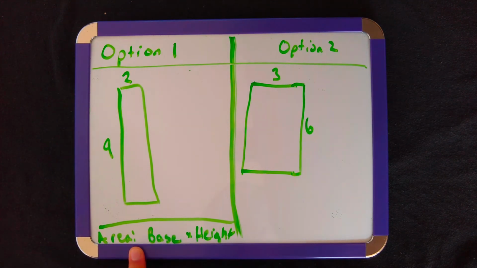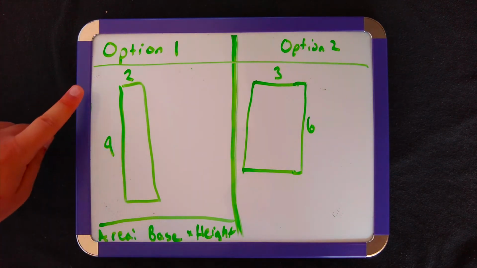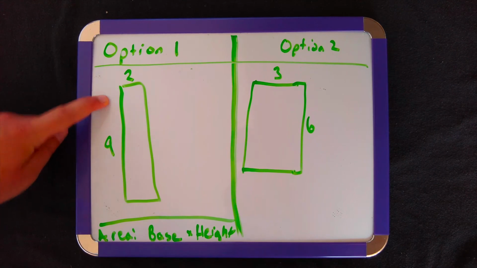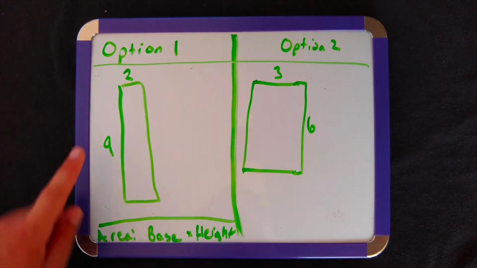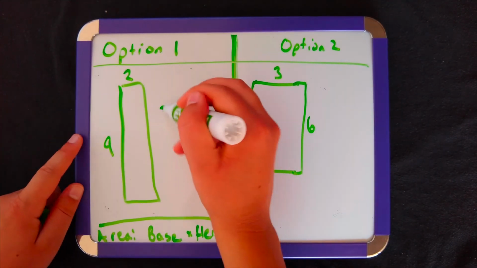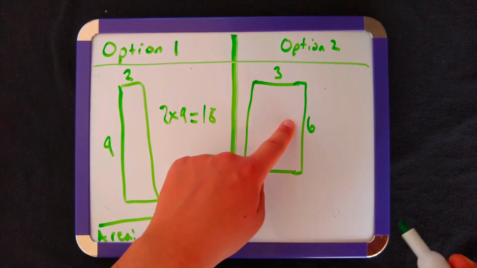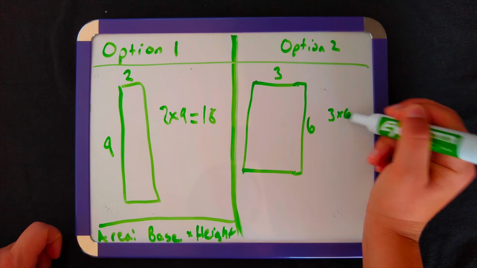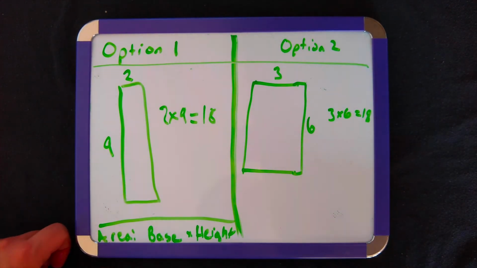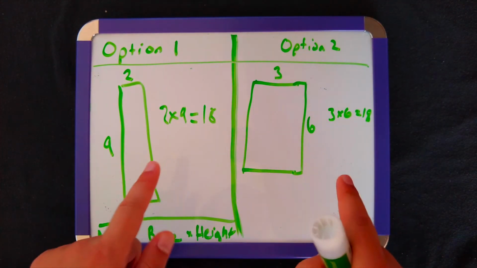Remember, area is base times height. When we do the multiplication of the base times the height for each of these, notice that 2 times 9 equals 18, and that 3 times 6 also equals 18. So both of these areas are the same.